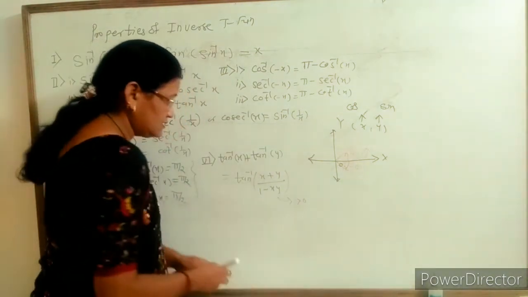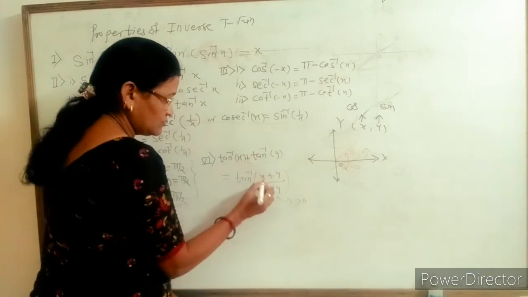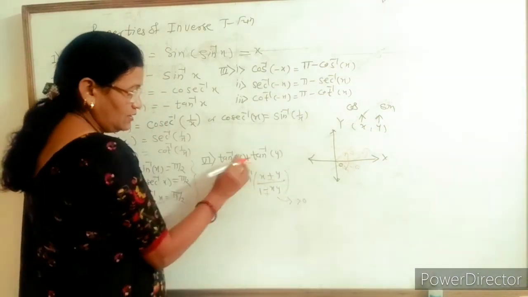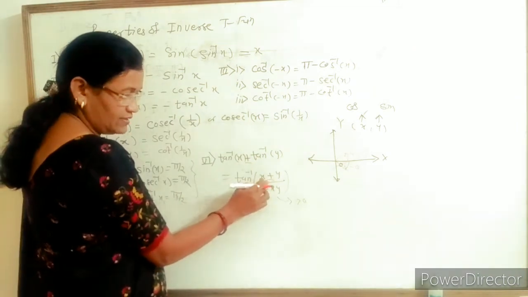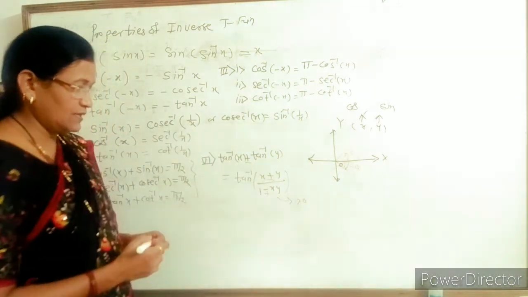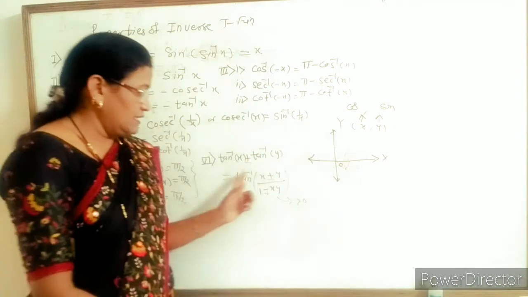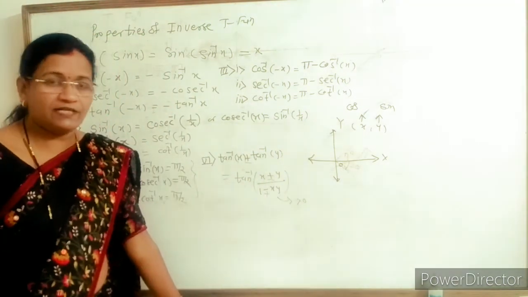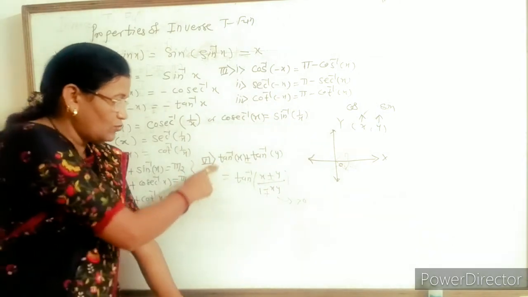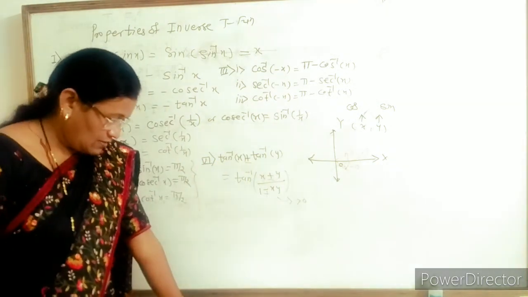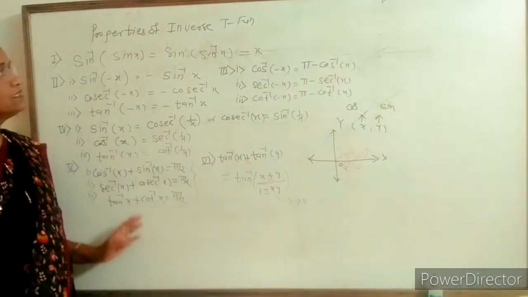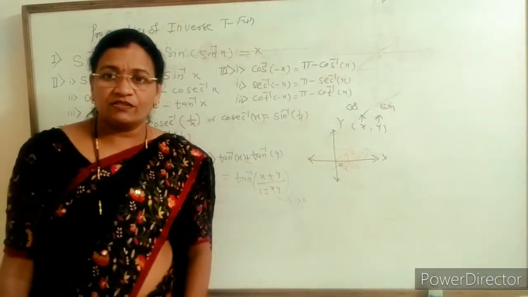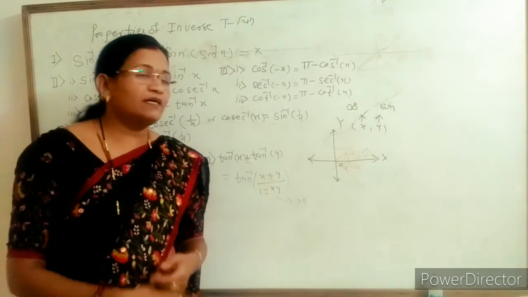If you replace the sign with plus, the numerator becomes plus and the denominator becomes minus; for a minus sign the numerator is minus and the denominator becomes plus, the opposite sign. So with the help of this we find the formula for the inverse tangent, which gives two formulas, one for plus and the second for minus. All these are the properties of inverse trigonometric functions.